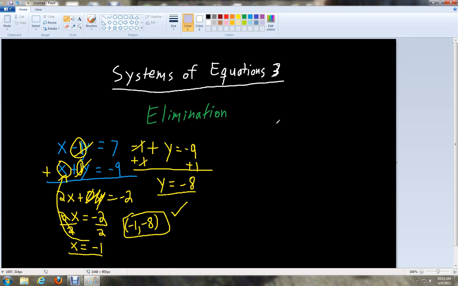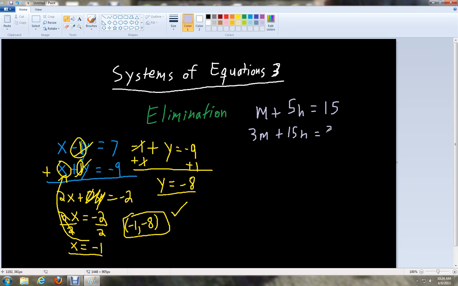So let's say, for example, we have m plus 5n equals 15, and then we have 3m plus 15n equals 30. I'm sorry if my n's look like h's.